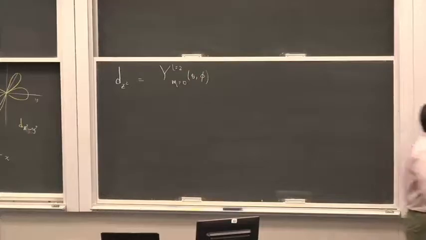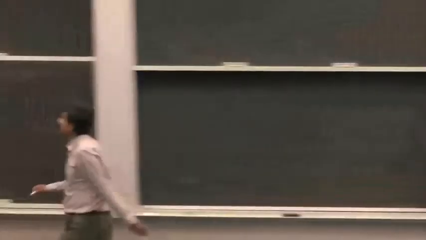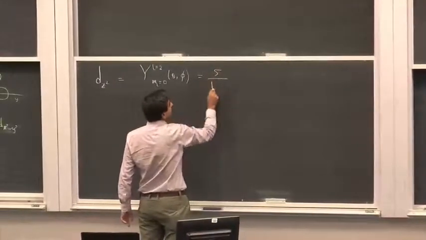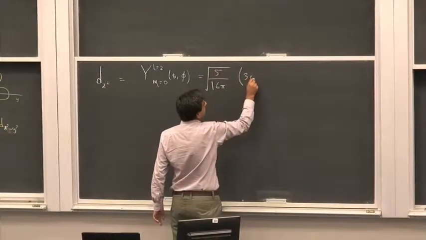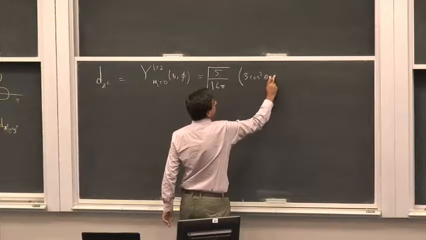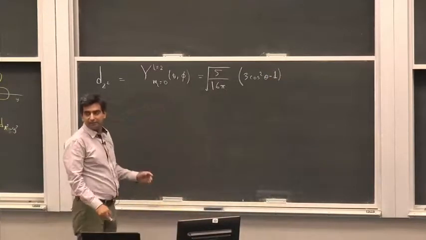This term over here is given by the square root of 5 over 16 pi times 3 cosine square theta minus 1. Now this is real, this is fine.